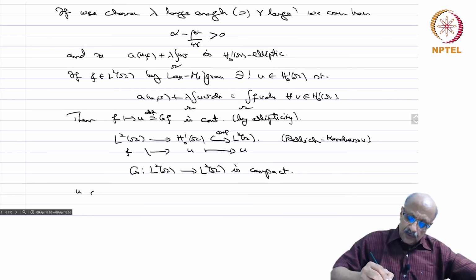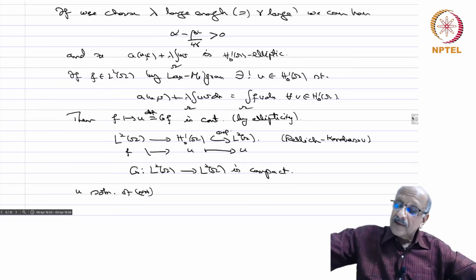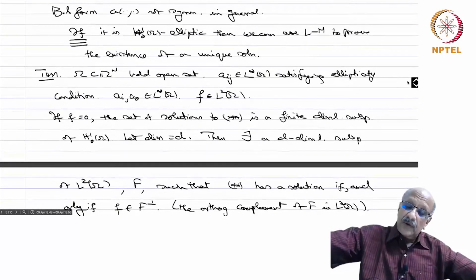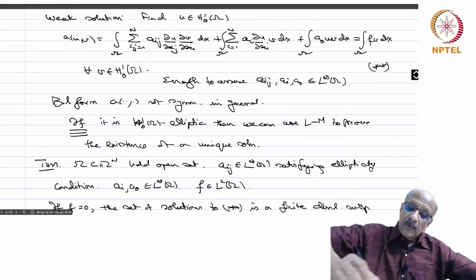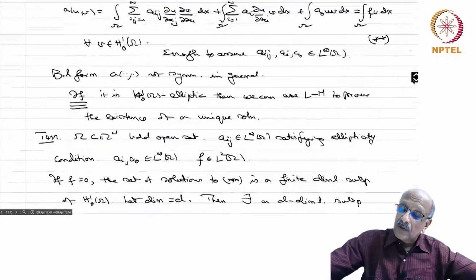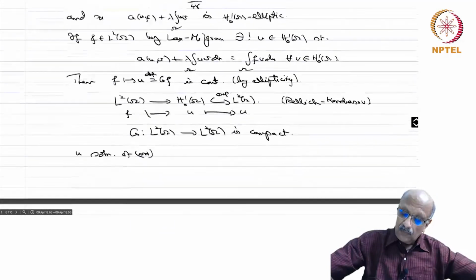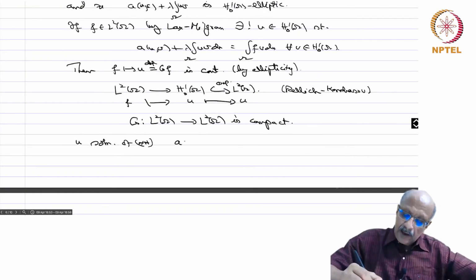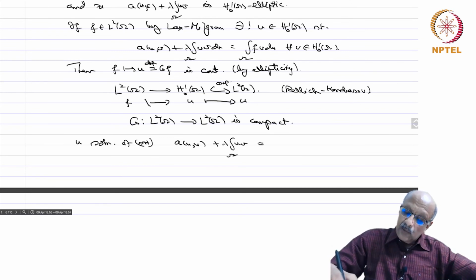Now if U is a solution of double star, what is double star? It is a weak formulation of the equation here, which is this expression here, AUV is equal to this. Then if you add lambda UV to both sides, then you get AUV plus lambda integral UV equals FV plus lambda integral UV. Okay.